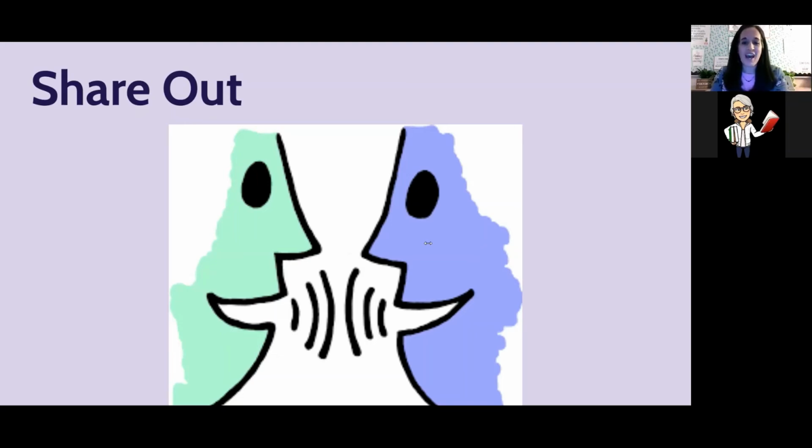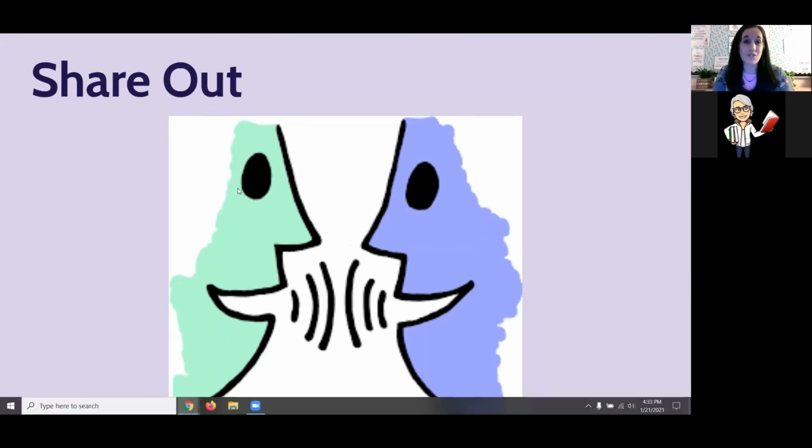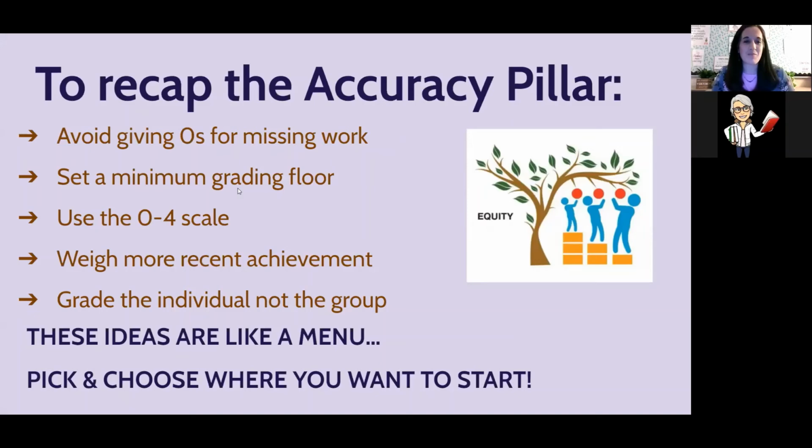Thank you for sharing. Just to recap, you brought these things up: the whole accuracy pillar is these 5 standards. Avoid giving zeros for missing work.